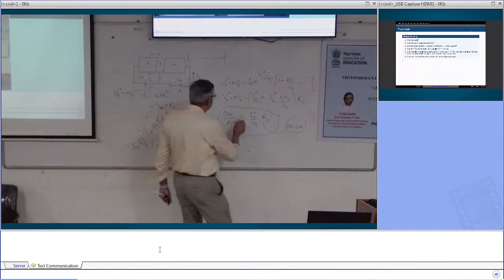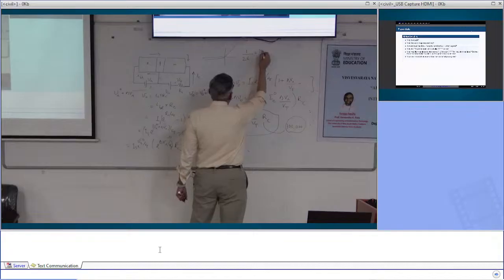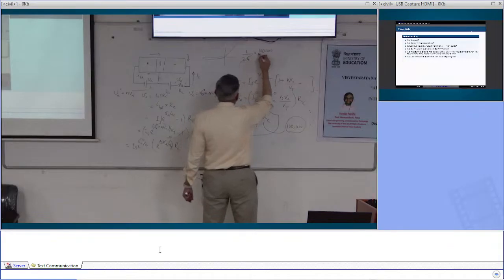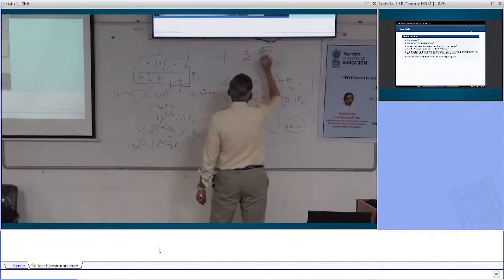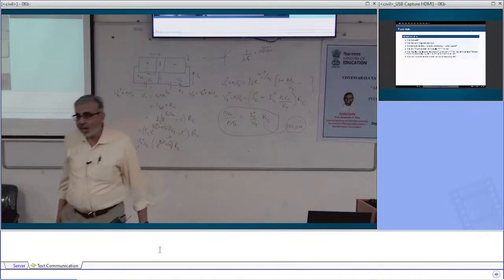Normally IC is 1 milliamp, VT is 26 millivolts. So with this resistor here, I got a gain of 4,000. And I can make much higher resistances.